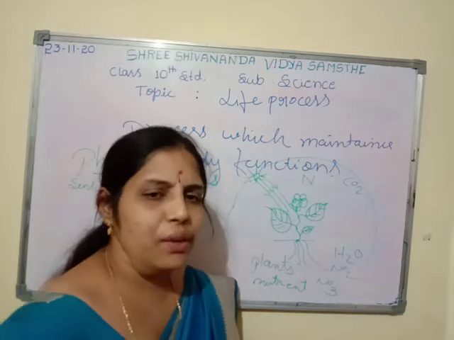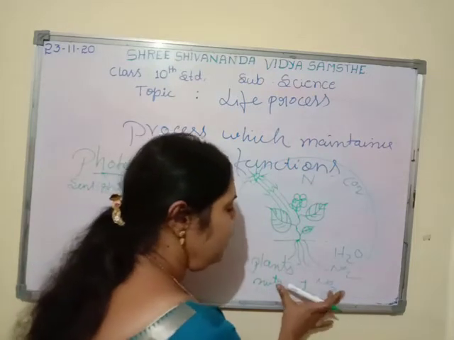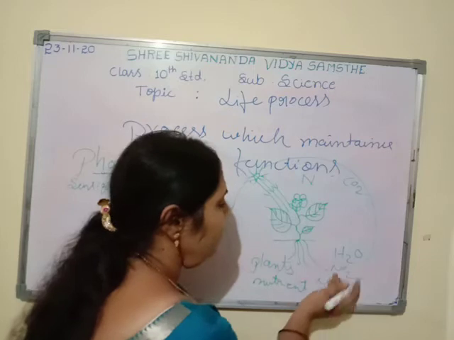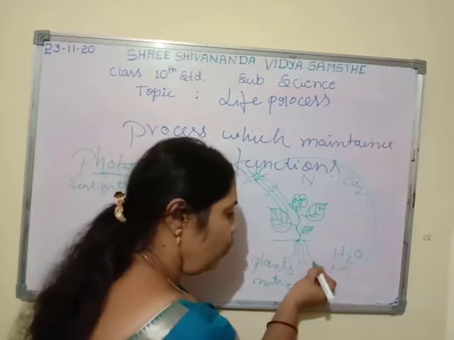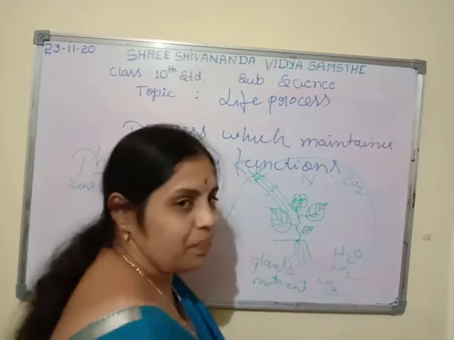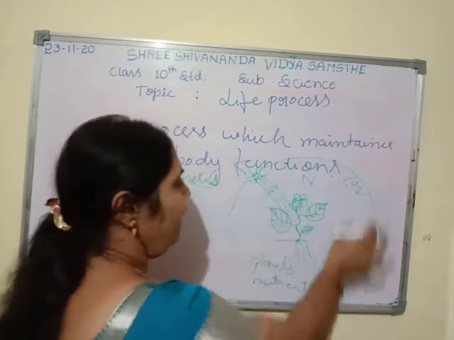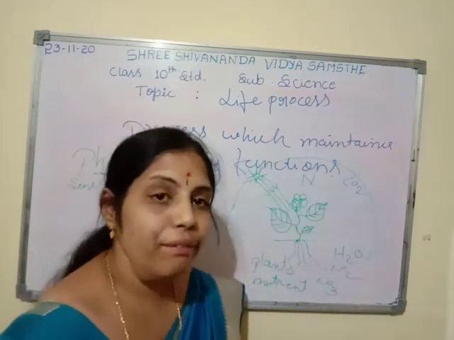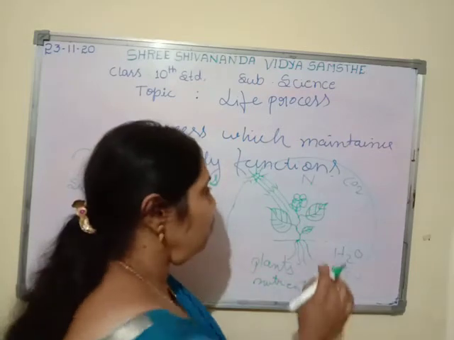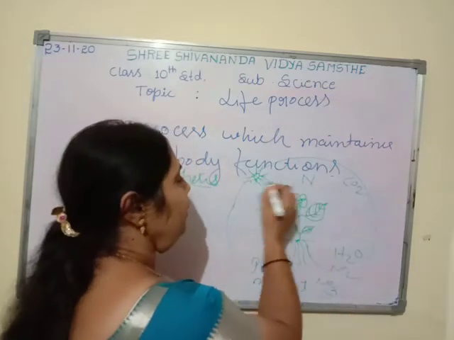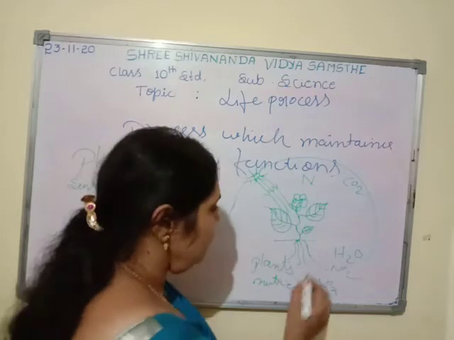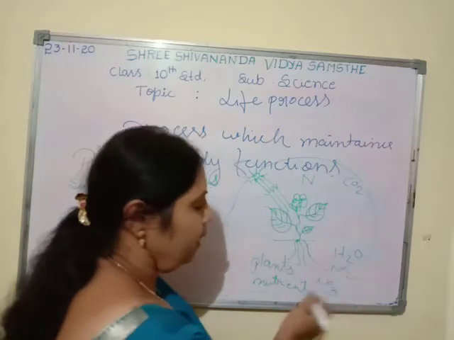In the soil the minerals are absorbed through the water by the roots. So these are all the abiotic factors they need to prepare their food: carbon dioxide, nitrogen, sunlight, water and nutrients.